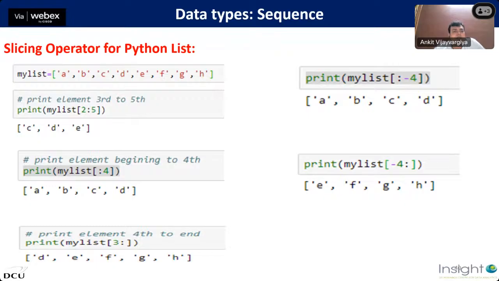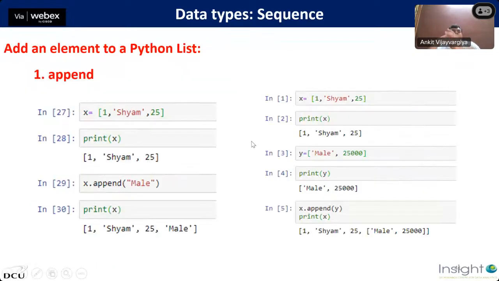The next thing is, suppose we have a list, and now we want to append values. So suppose we have a data set, and after that we want to add some values in that data set. There are 4 ways to add an element in a list. First is the append.